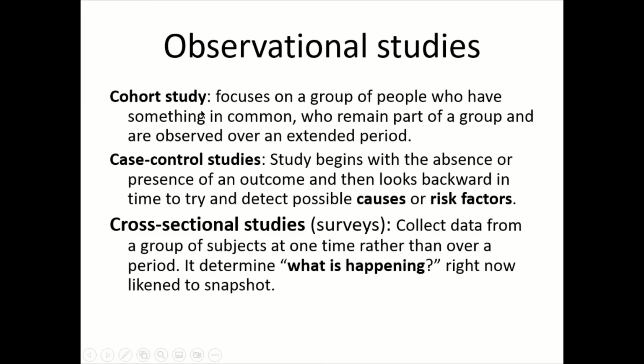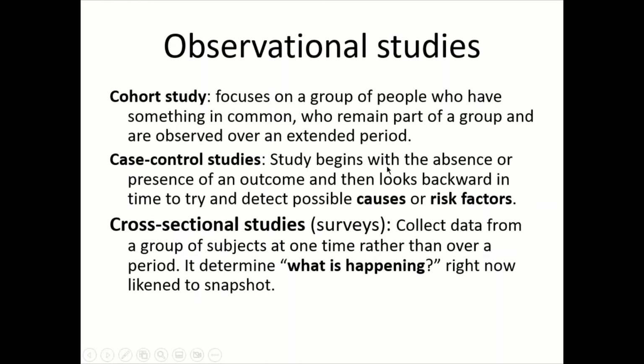We have the cohort study. These are epidemiological study designs. A cohort study focuses on a group of people who have something in common, who remain part of a group and are observed over an extended period. That's cohort. Cohort means they have something in common. So you observe them for whatever risk factors or outcome. Then you have the case control study.